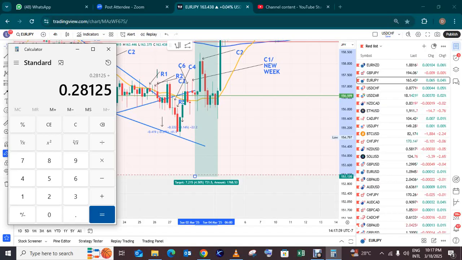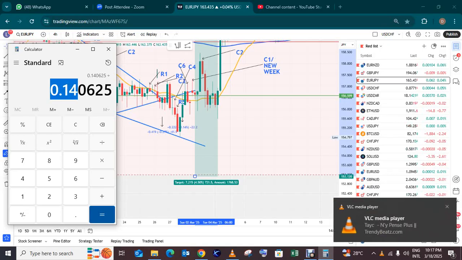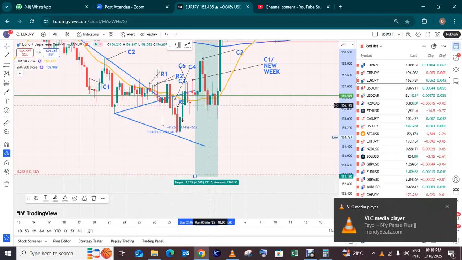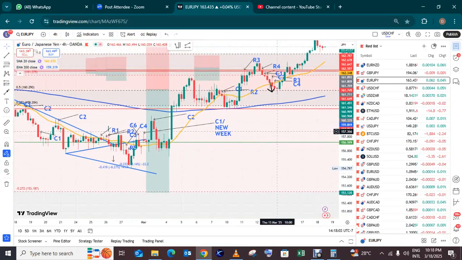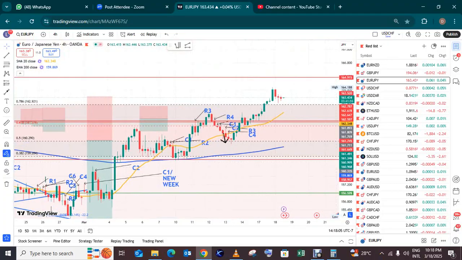So now let's go back to the chart. Remember 0.28 is going to be our TP2, while 0.14 is going to be our TP1. So now let's go to the chart and actualize it there. EURJPY, let's take it down to this level.